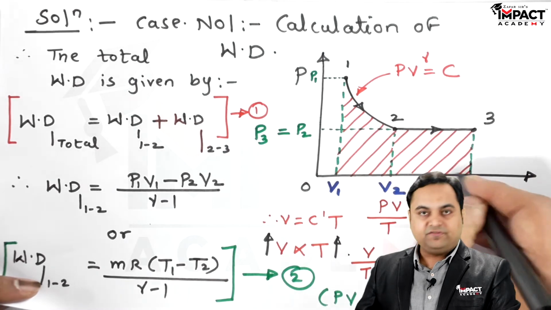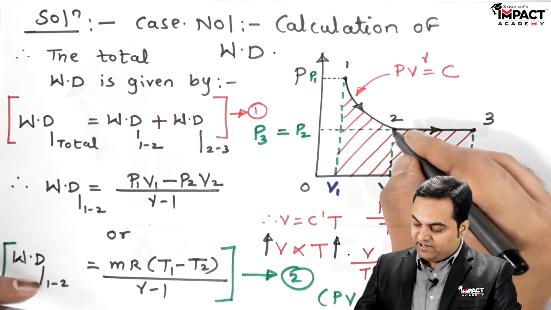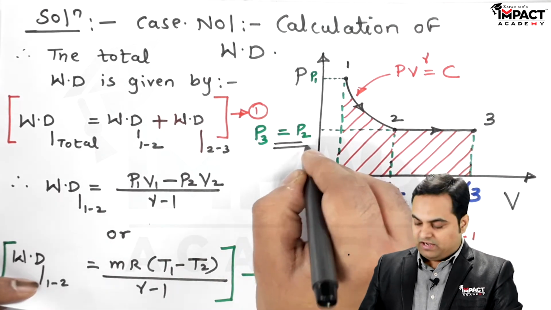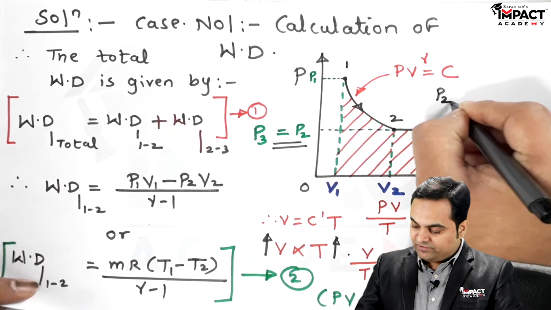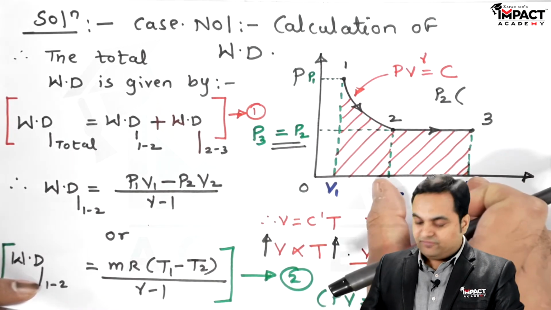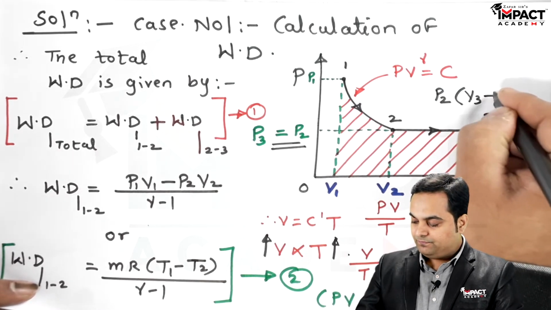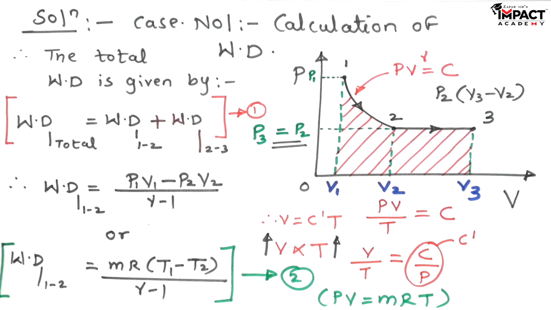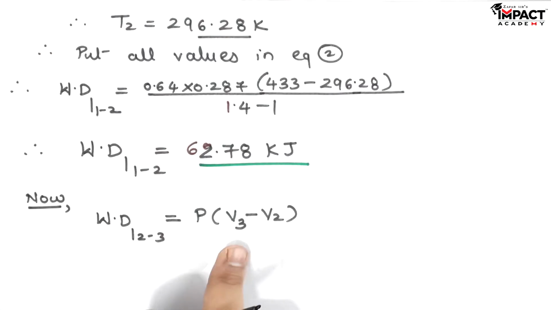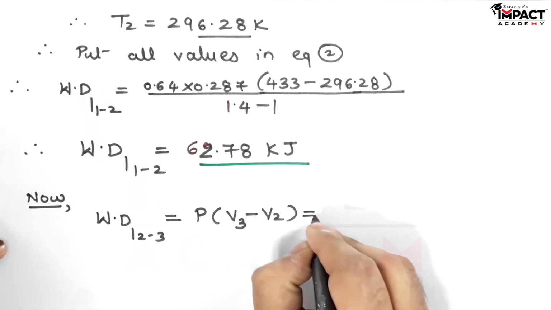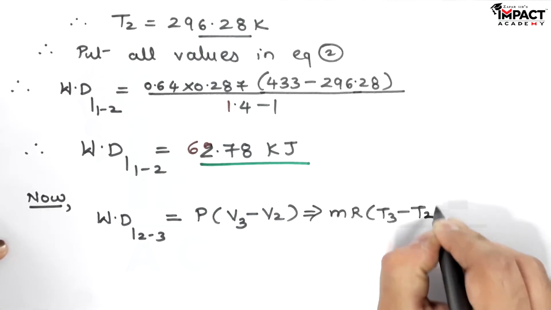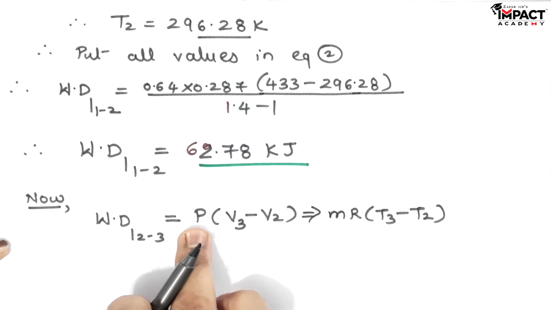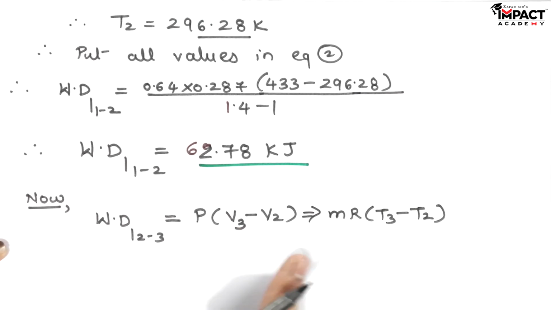I have to find the area of this rectangle, having a height corresponding to pressure, so I am writing it as P. It can be either P2 or P3, for example P2 into V3 minus V2. It can also be written as MR (T3 minus T2) in a similar manner, because it would be P3 V3 and P2 V2 with pressures constant. So we can write MR (T3 minus T2).